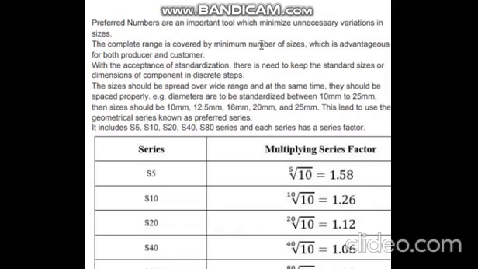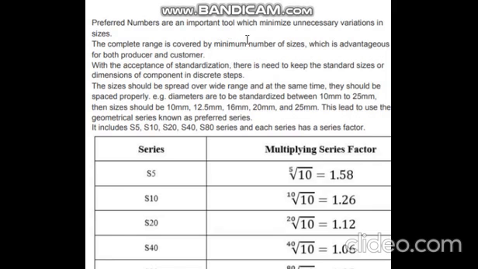These preferred numbers are an important tool which will minimize unnecessary variations in sizes. As I was telling you last time, in standardization, one of the methods is that we need not have so many numbers, as it would be tedious for the stockist and for the manufacturer to make all those things.